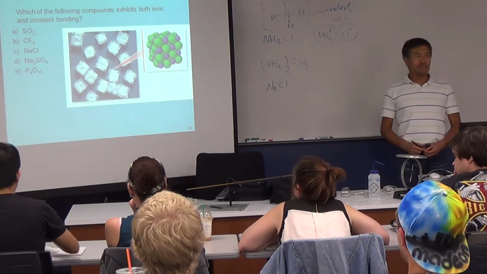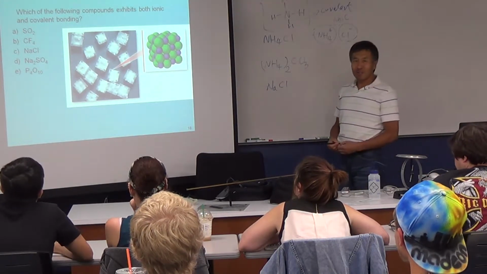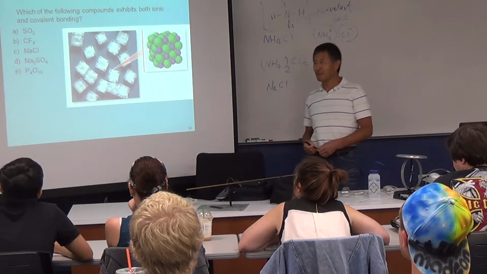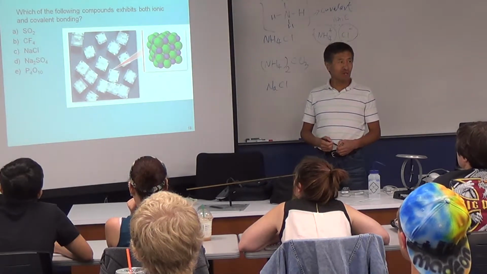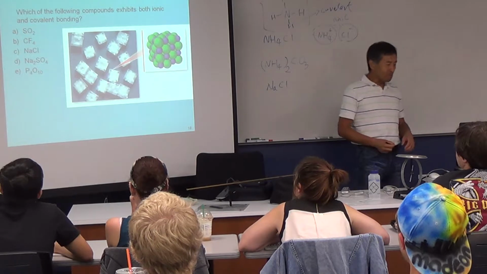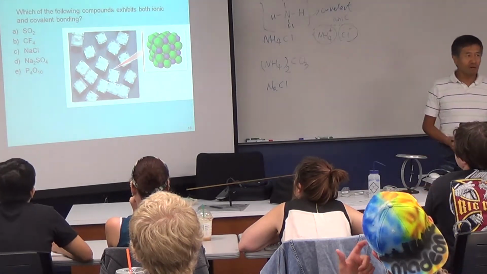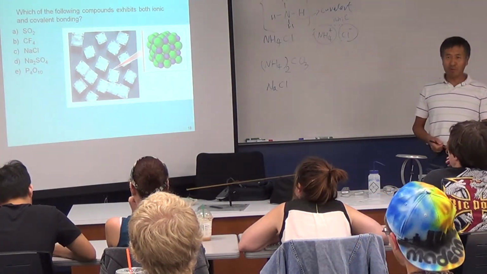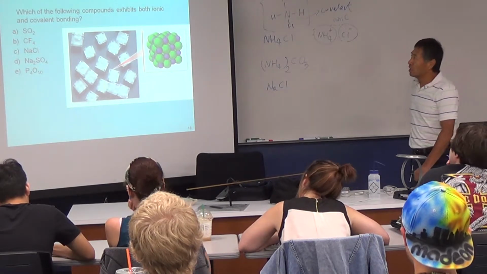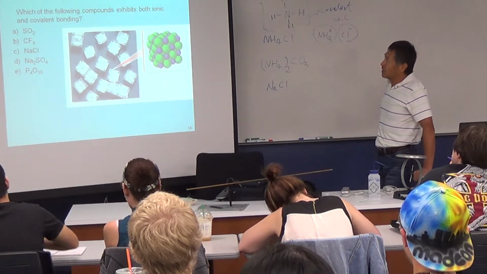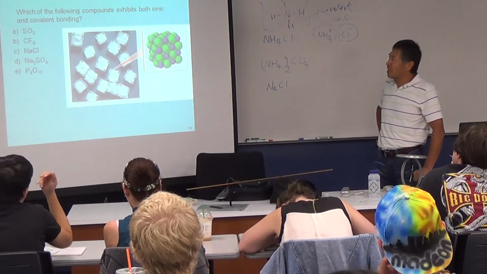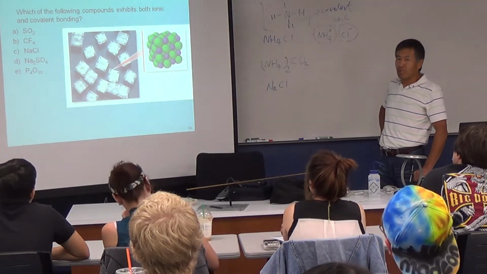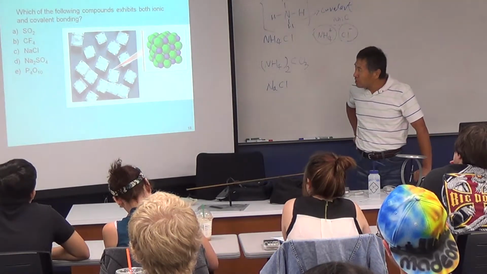This is like what I did in that table. You have to know what the bond is in it. For those two types of compound, which of the following compounds exhibits both ionic and covalent bonds? Is it D?